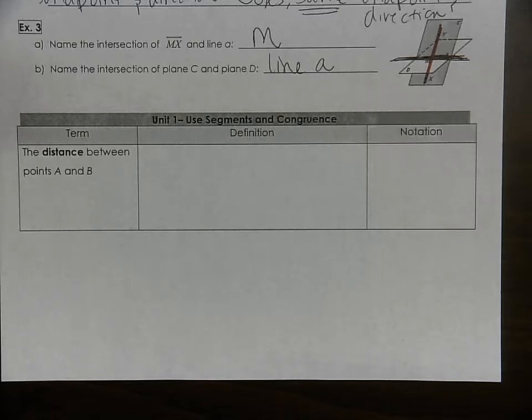So if we have a normal line, those lines go on forever and ever, so we never really can know the distance of a line. But when we're talking about a line segment, there is a start and there is a finish, so we are able to find the distance between the 2 points. Okay.